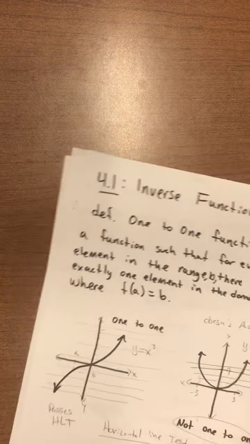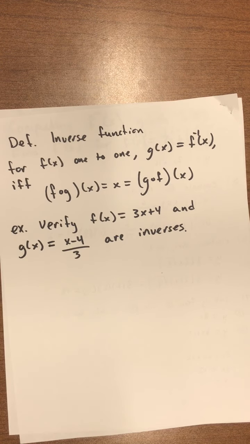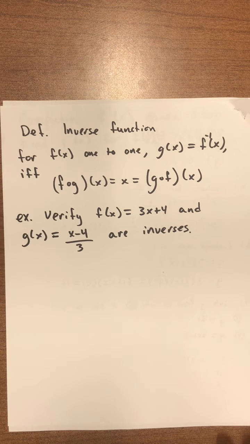That's important because the definition of an inverse function involves function composition, where we end up swapping elements of the domain and range in inverse functions. So first, let's take a look at the definition.